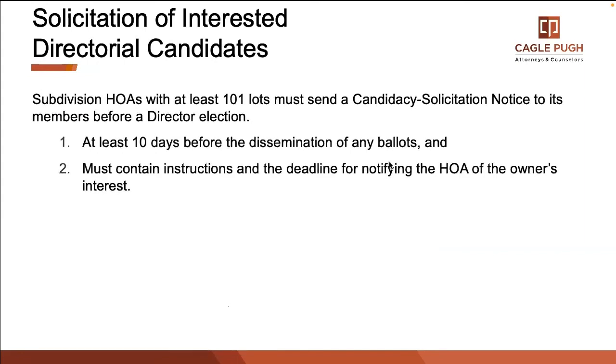If you are a subdivision HOA and you have at least 101 lots, you also have to provide a solicitation of interested candidates before you have the meeting. You've got to give this at least 10 days before you send out the ballots, and it has to give instructions and a deadline for notifying the HOA of the owner's interests.